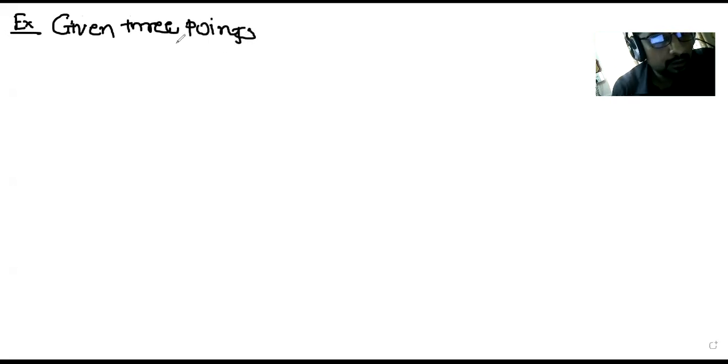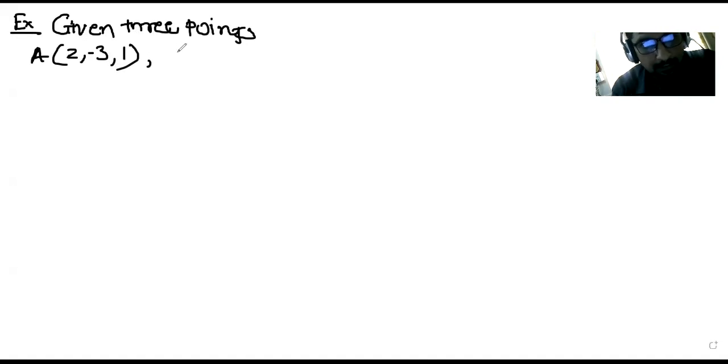Those three points are point A, specified in the Cartesian coordinate system, right? In the Cartesian coordinate system, you know the point is specified with respect to x, y, z coordinates. So the point is specified like A (2, -3, 1). So this is the first point.